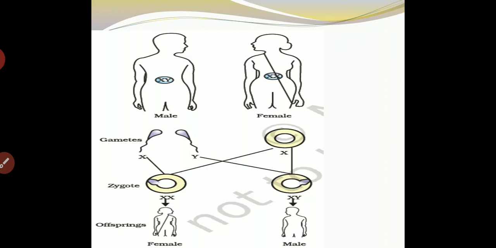If the newborn baby gets X from the male, and from the female it already gets X only, so if both are XX, then it will be a female, a newborn girl child.